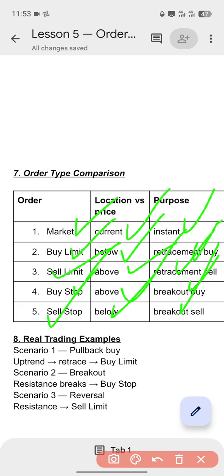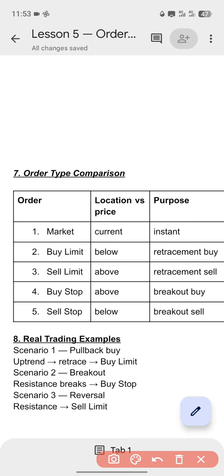Now real trading examples. Scenario 1, pullback buy. Now we have an uptrend. In an uptrend, we have retraces, and those retraces are buy limit.